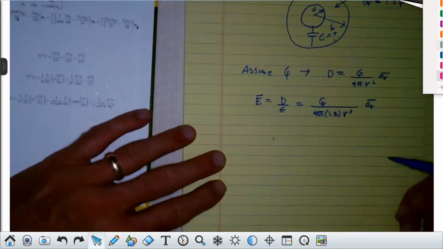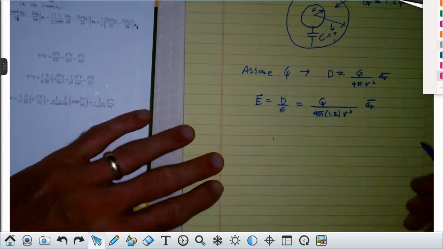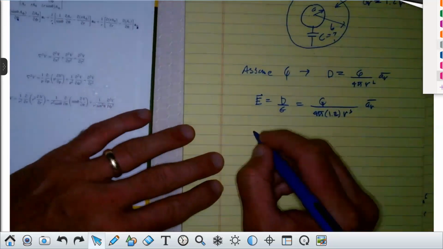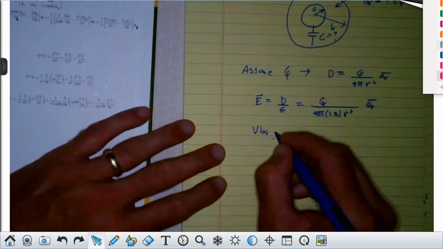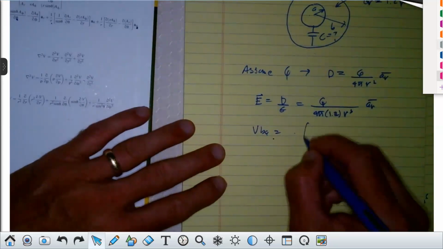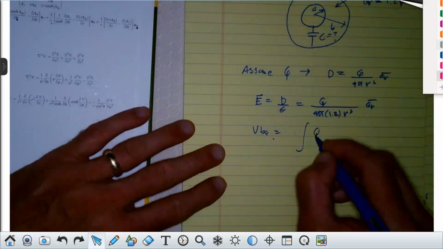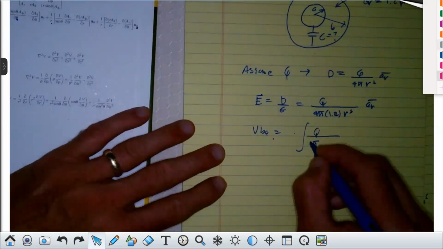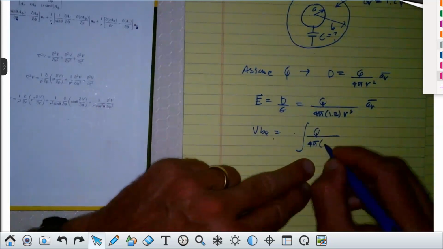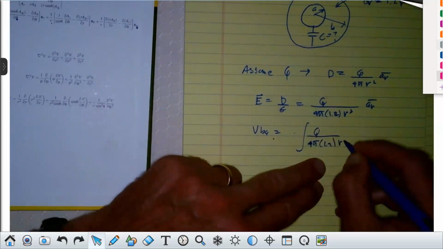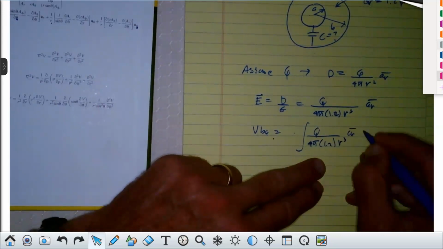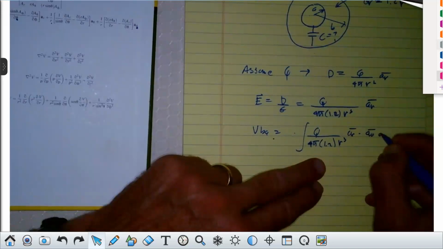So now I have to integrate this, and I'm going to evaluate it between the inner and outer conductor. So when I get V_BA, it would be equal to the integral of Q over 4 pi times 1.2 R cubed a_R dot a_R dr, because that's dL.